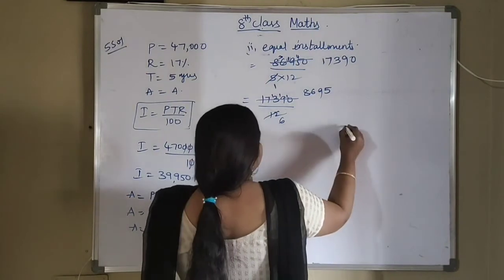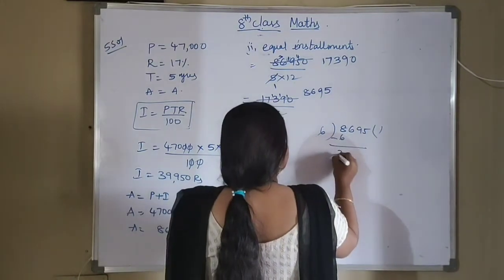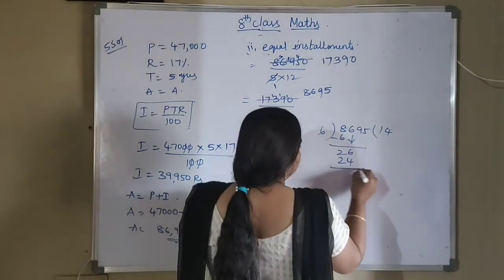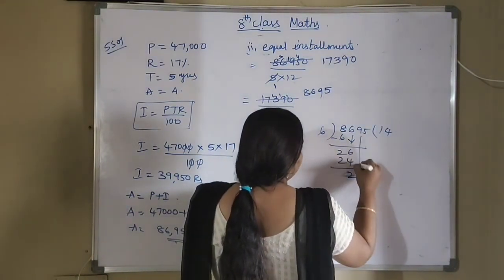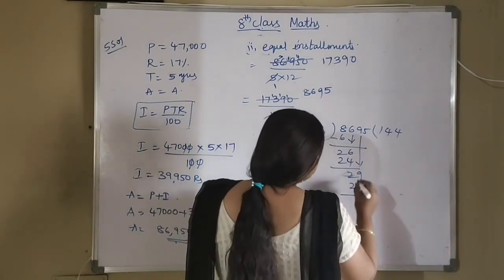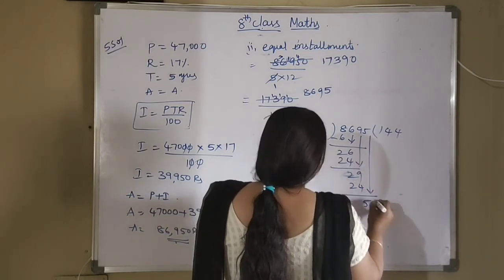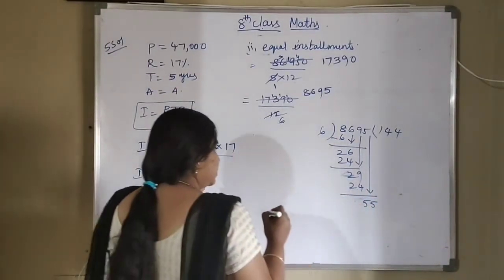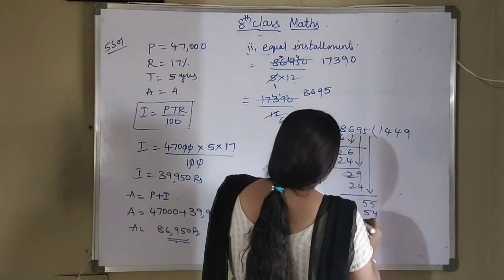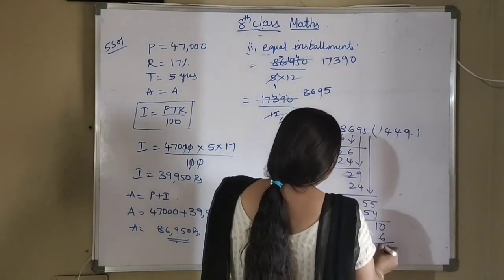So 6 ones are 6. 6 fours are 24. 6 fours are 24. 6 fives are 30. You got 55 here. So 6 nines are 54. 6 ones are 6.